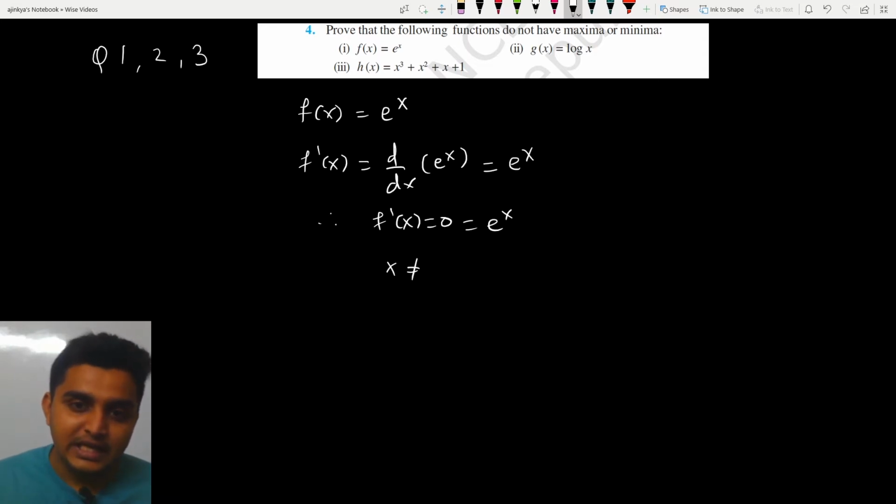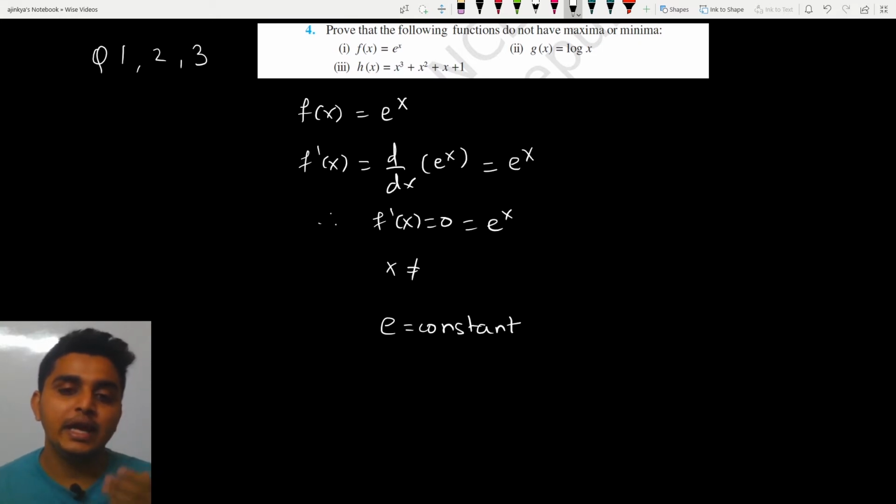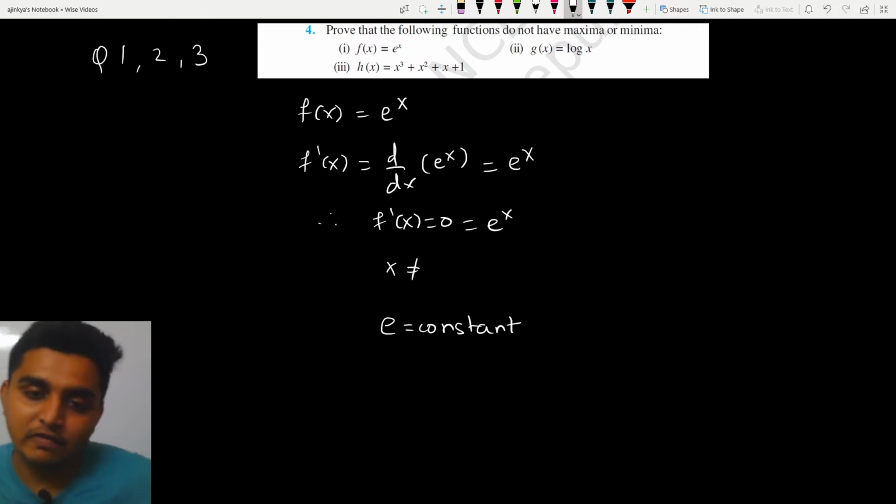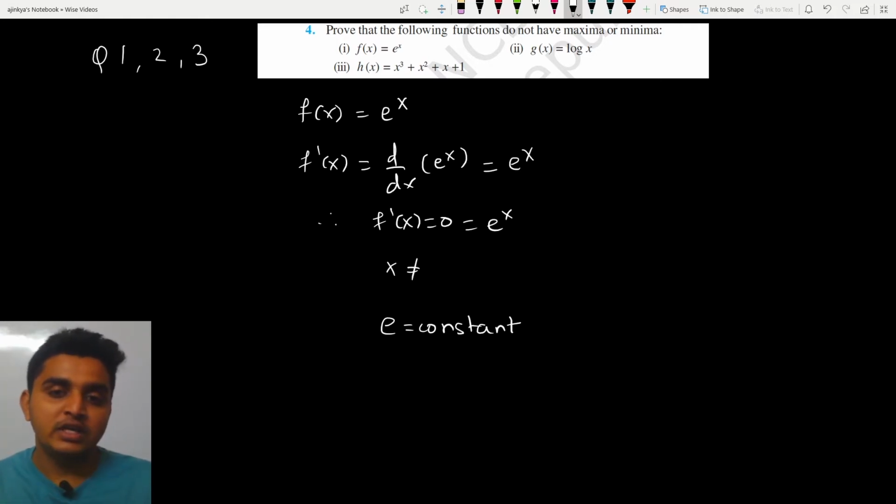Because e is a constant number, and if you raise any such number to any power, integer or fraction, you cannot get 0. It will never be 0 or any kind of negative value, right?